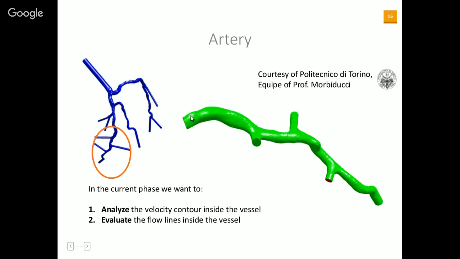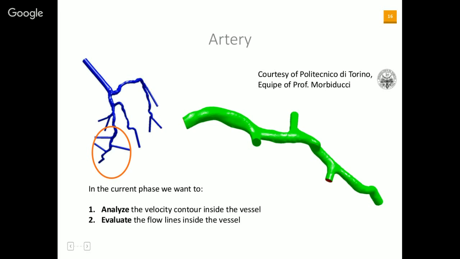This on the left, colored in blue, is a left coronary artery, a complete scannerization of it, and it's courtesy of Politecnico di Torino and the equipe of Prof. Morbiducci, who provided us with the geometry. And we will analyze a subset of it, the one highlighted with the orange circle, and that is represented on the right side in green.